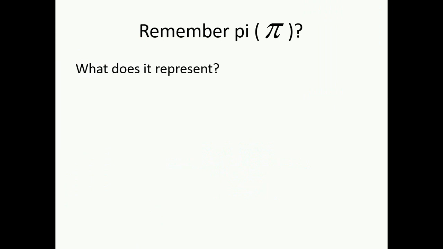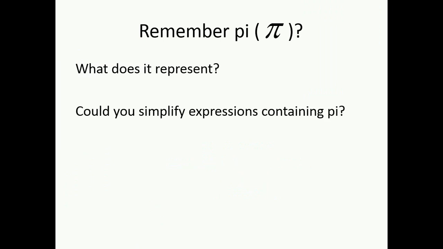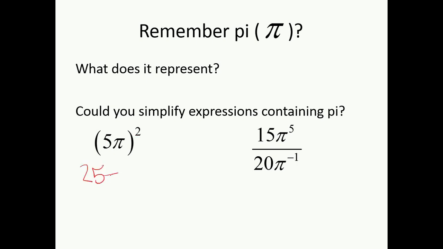So, remember, you started talking about pi, probably in geometry, maybe even earlier, and what does it represent? Well, pi was the quotient between the circumference and your diameter. So we were able to find that it related a lot to circles. And we could simplify expressions containing pi, something like this. So 5 pi squared would have been 25 pi squared, right?